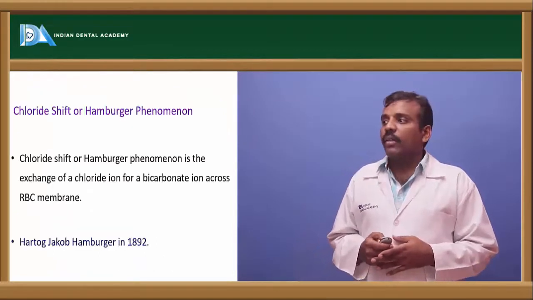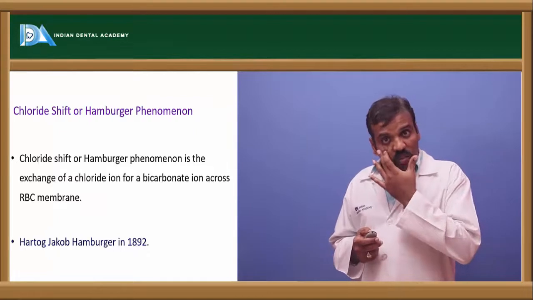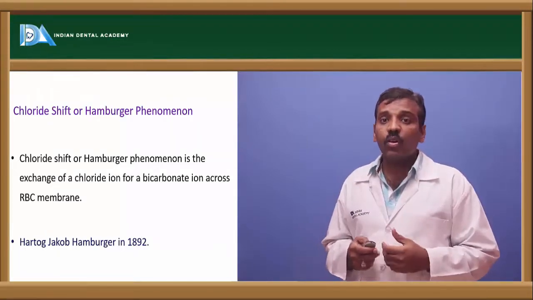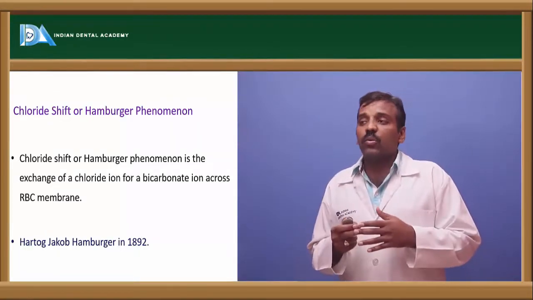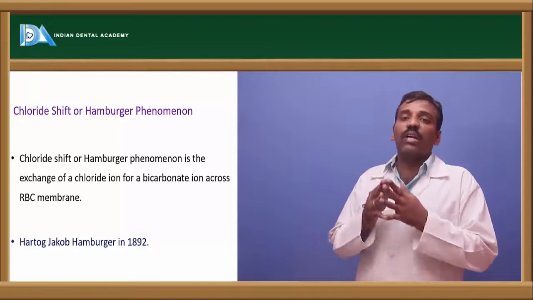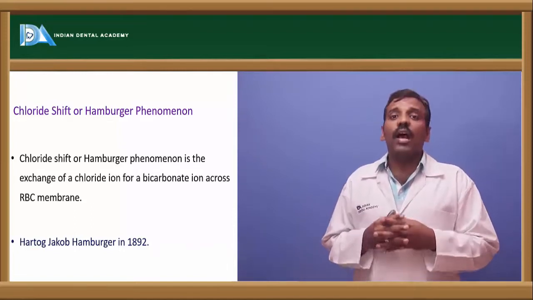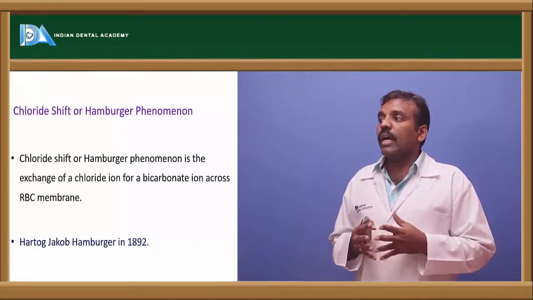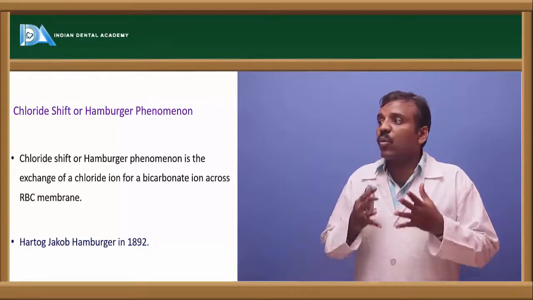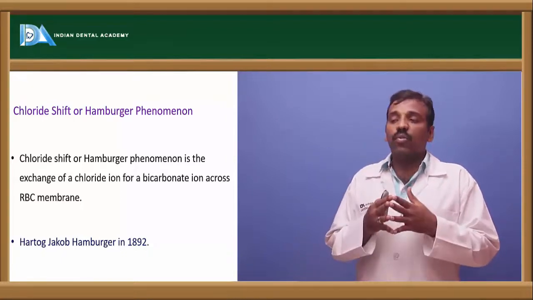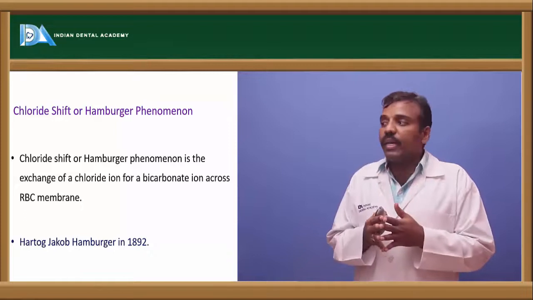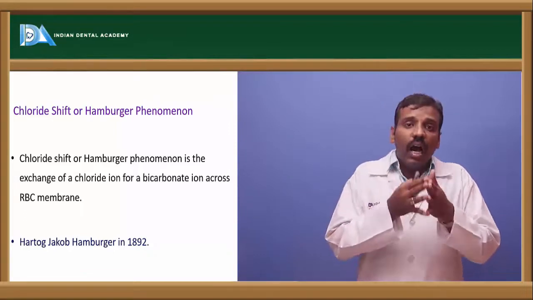Okay, and the chloride shift here. What is this chloride shift? The chloride shift is also called the Hamburger phenomenon. It is the exchange of chloride ions for bicarbonate ions across the RBC membrane.